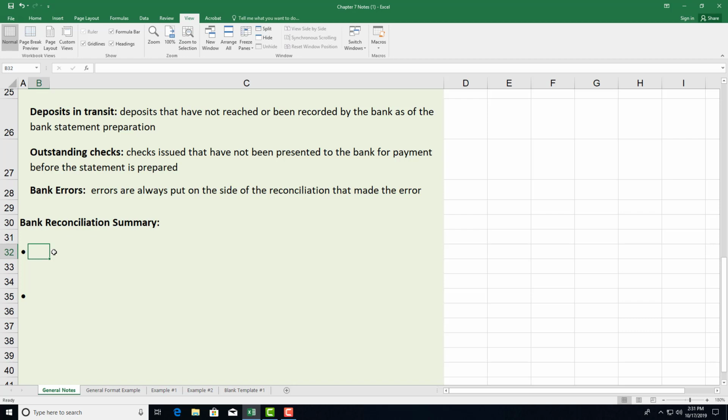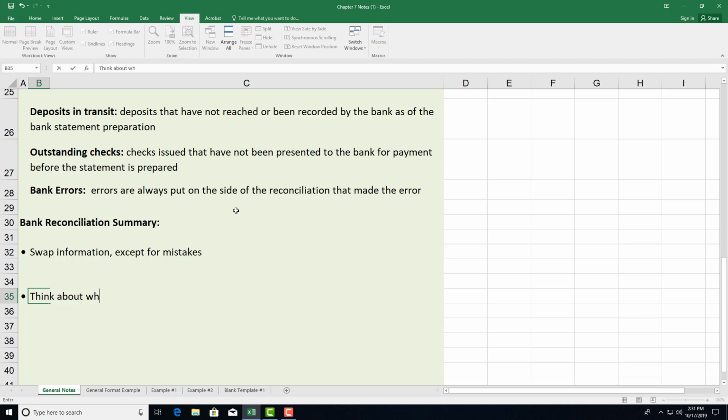So the first summary point is we're going to swap information except for mistakes. And that'll make more sense in just a few minutes as we go through some examples. And then this is kind of redundant, so this really is making the same point, but I think this is a good way to summarize it.